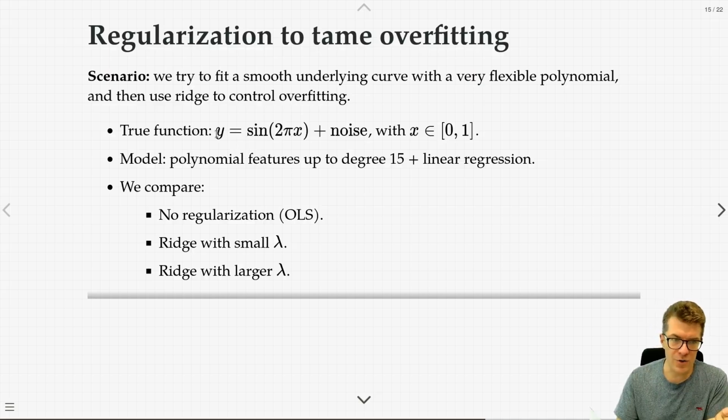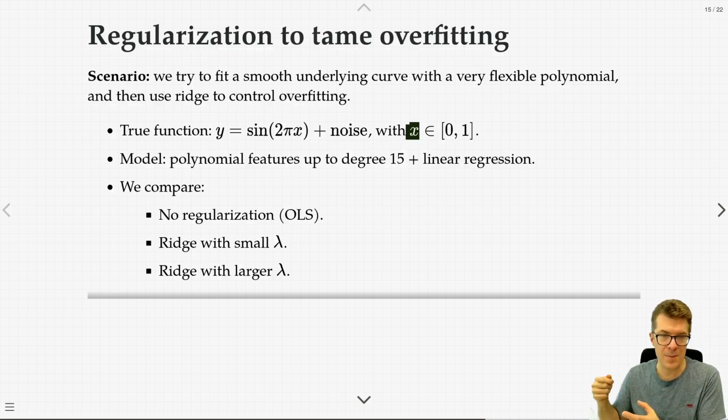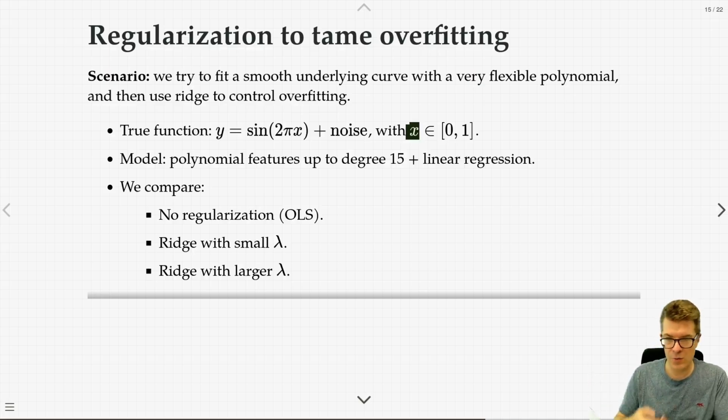So our true function is just going to be the simple sinusoid, a sine of 2 pi x, where x is our input, and we're going to have some real world noise. And x is going to go on the range of 0 to 1, and that's it. Polynomials often have a degree 3, which means you have x cubed times something plus x squared times something plus x times something plus something will be your prediction.